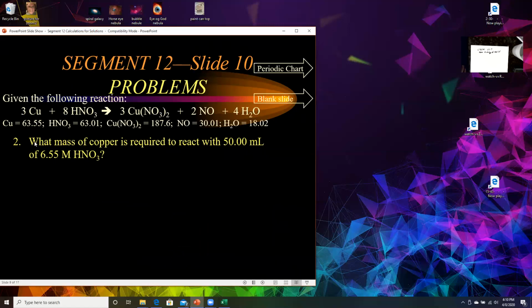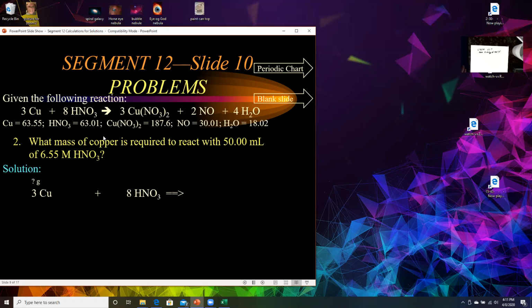What about this one? What mass of copper is required to react with 50 milliliters of 6.5 molar nitric acid? All right. Again, we're going to need the equation. I didn't write the rest of the balanced equation because these are the only two things involved in the problem. It's copper and nitric acid.